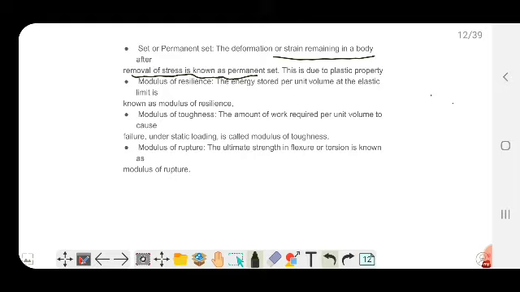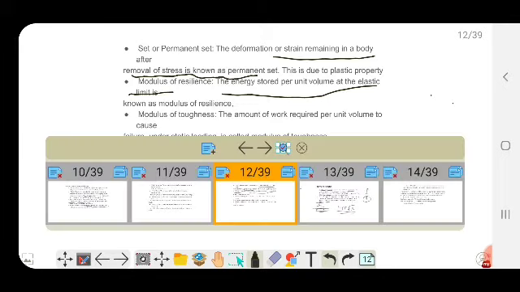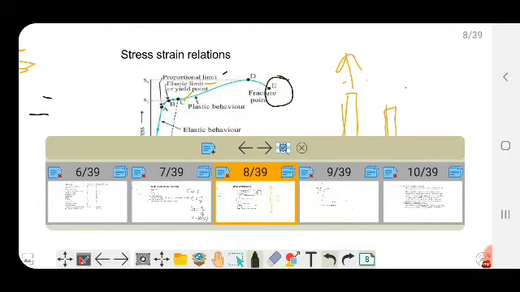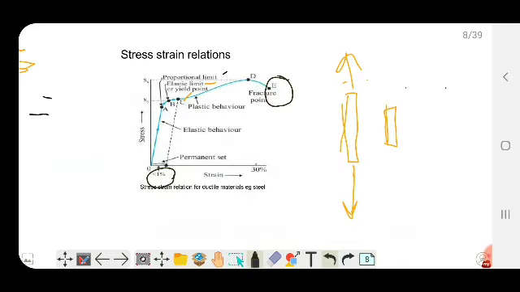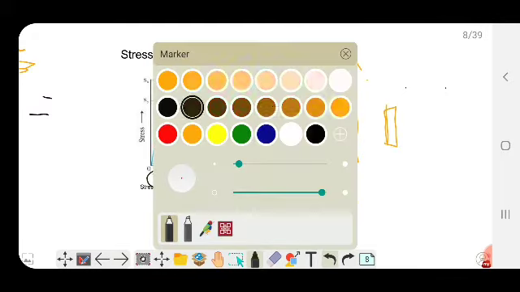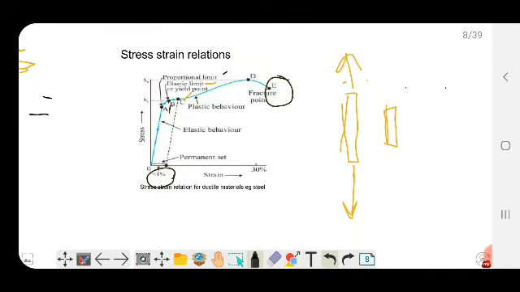Modulus of resilience is the energy stored per unit volume at the elastic limit. If we take the stress strain curve, the elastic limit is this point, at B. If I take the area up to B, it is actually the modulus of resilience.